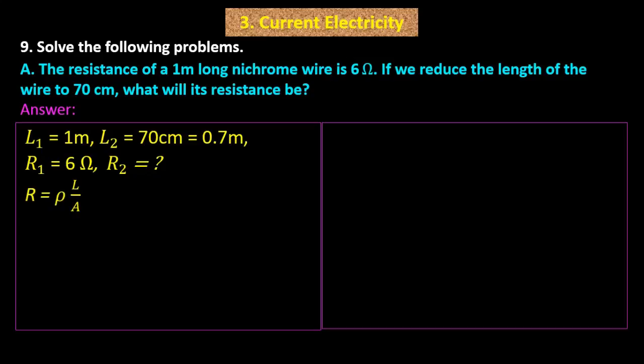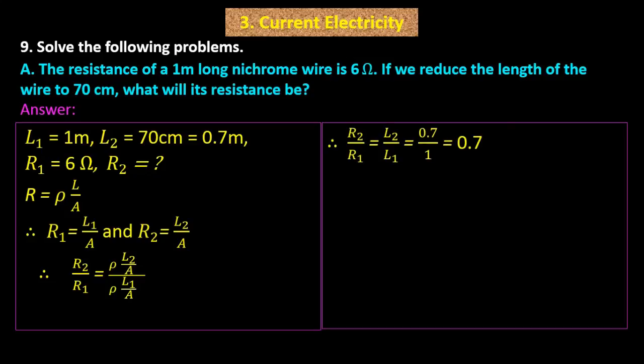The formula to solve this is R is equal to rho L upon A. Therefore, R1 is equal to rho L1 upon A and R2 is equal to rho L2 upon A. Therefore, R2 upon R1 is equal to rho L2 upon A divided by rho L1 upon A. Therefore, R2 upon R1 is equal to L2 upon L1 is equal to 0.7 upon 1 is equal to 0.7.